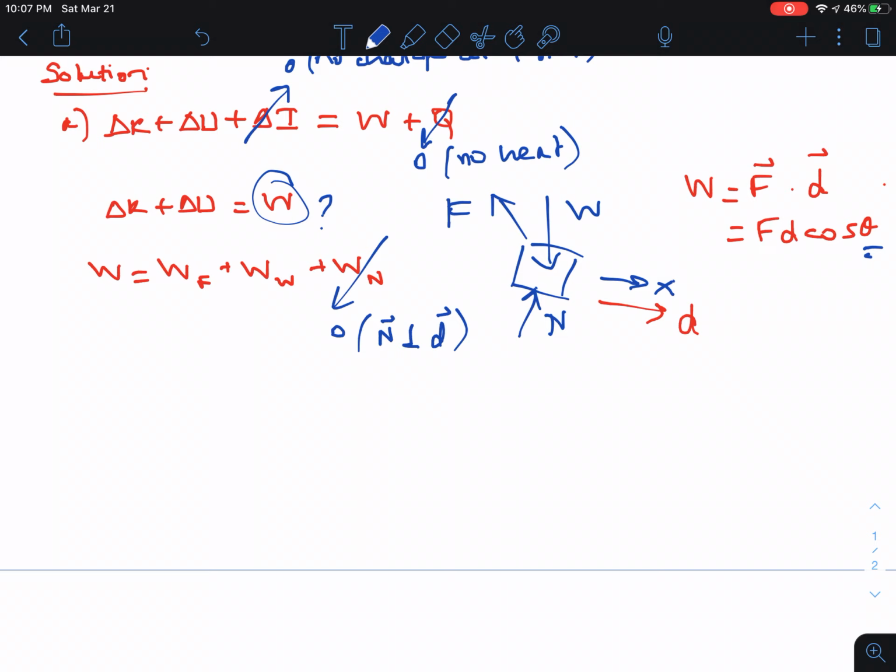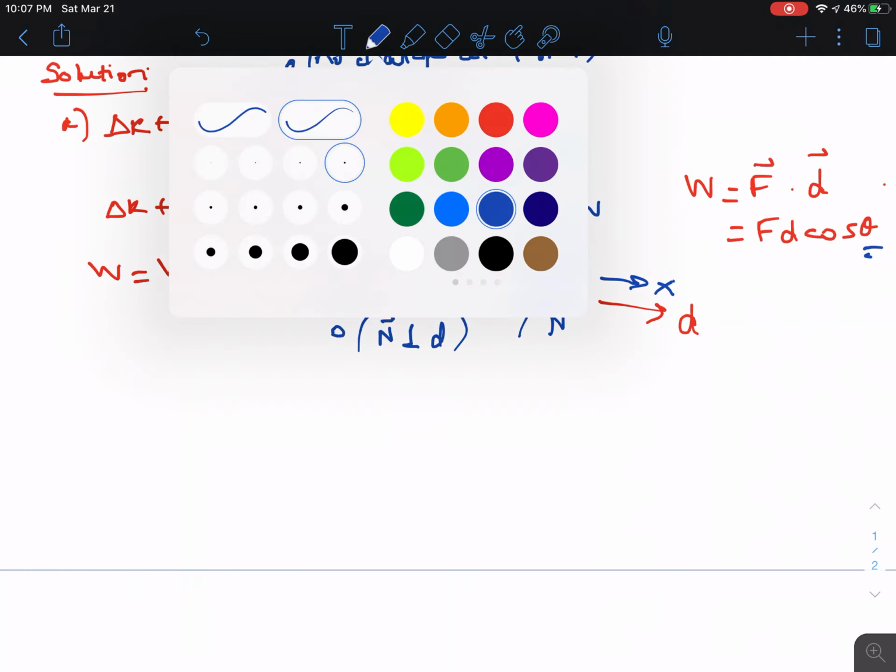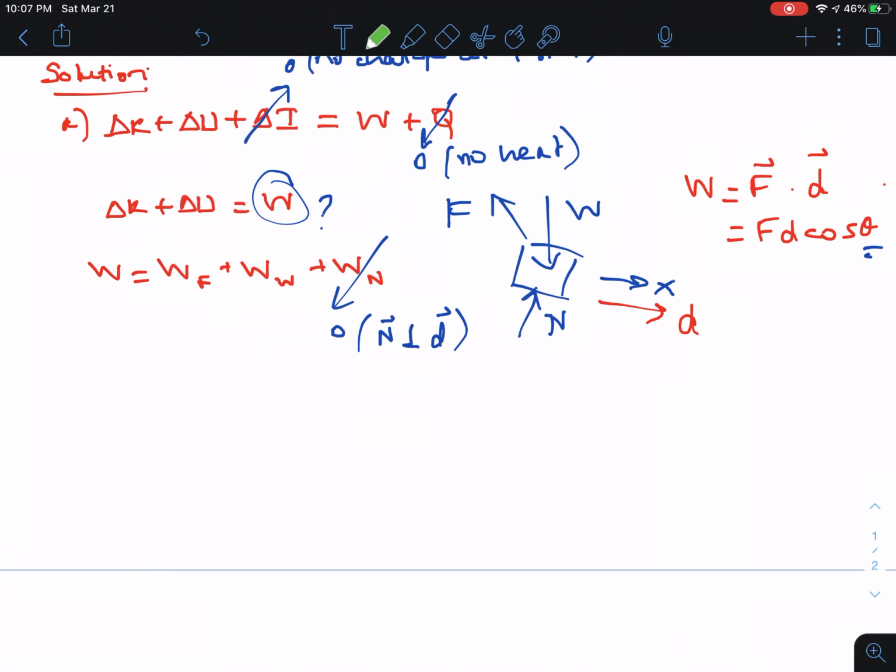Okay, and if you think about that, F and D, they're not 90 degrees, so there's going to be some non-zero work done. Do you think it is a positive work or a negative work? Since the angle is larger than 90 degrees between F and D, and when I'm talking about the angle, I just want to show you, I'm talking about this angle here.